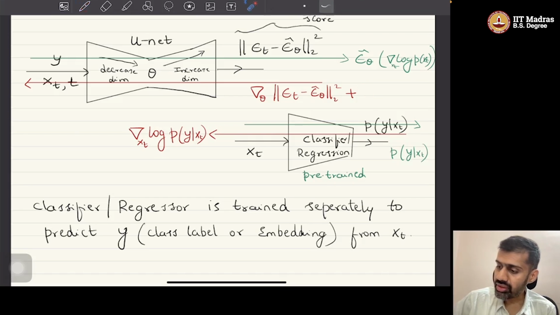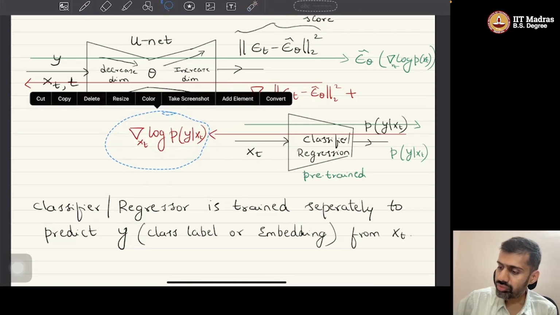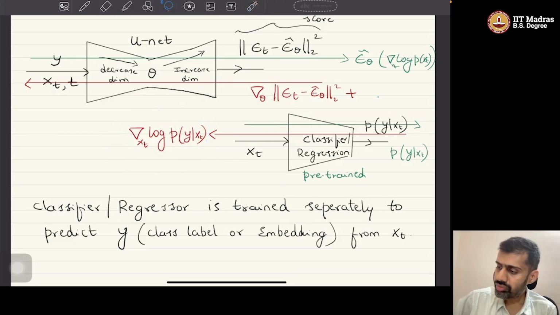So we take this and just add these gradients that we have computed. Okay, so what is this doing? You just add these two gradients while you are doing the backward pass through the unit that is trained.